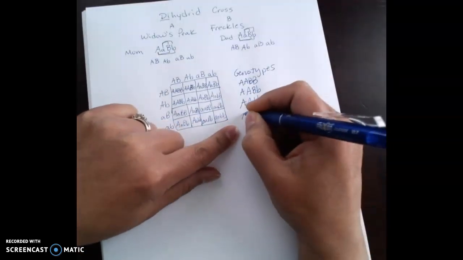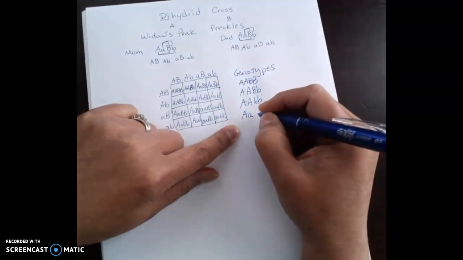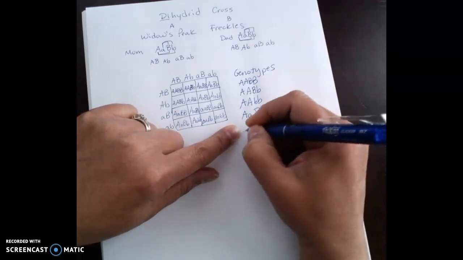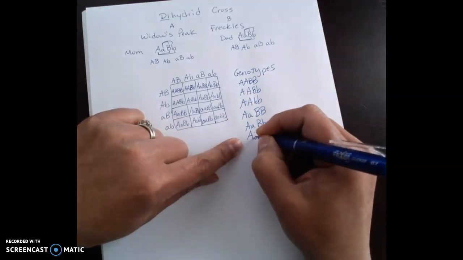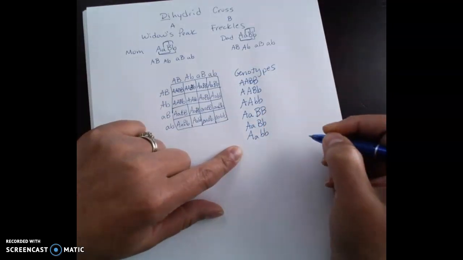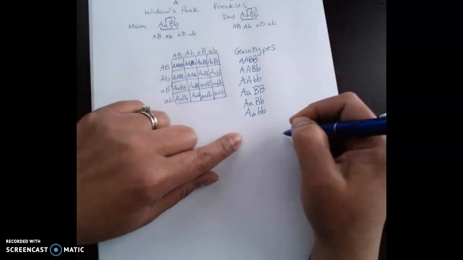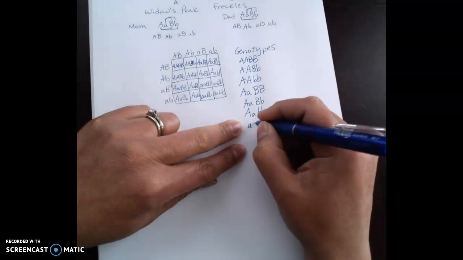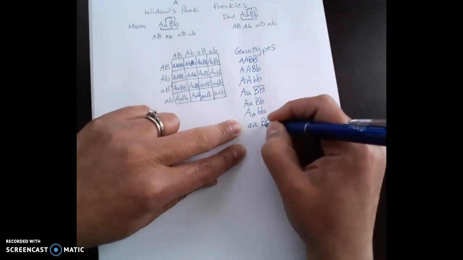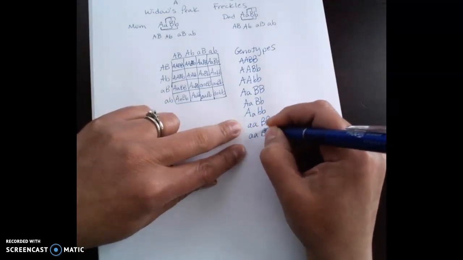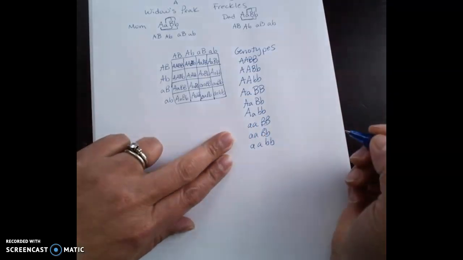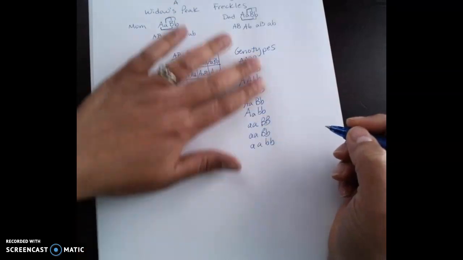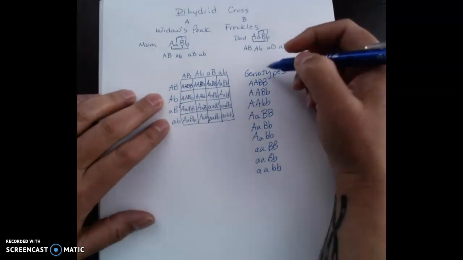If I do the heterozygous next, big A, little a, I could have big B, big B. I could have big B, little b, or I could have little b, little b. And then if I do the recessive A's, I could have little a, big B, big B, little a, big B, little b, and little a, little b, little b, all littles. Okay, so let's see if we can find these.